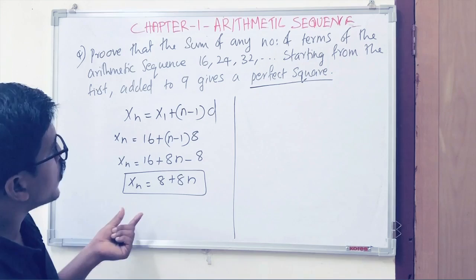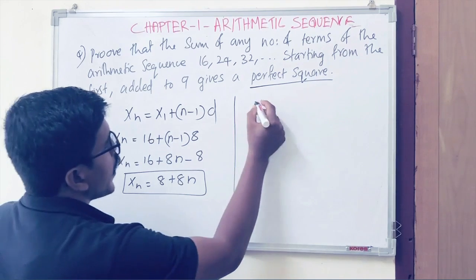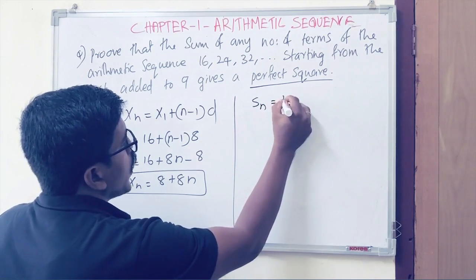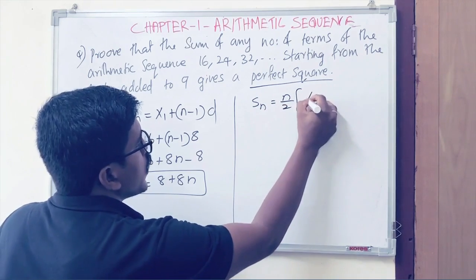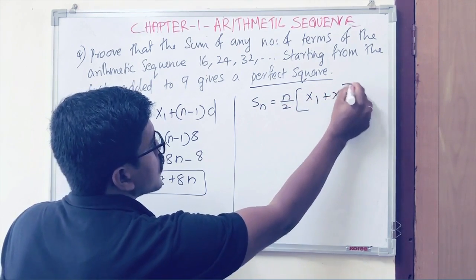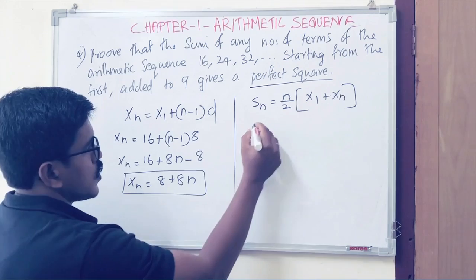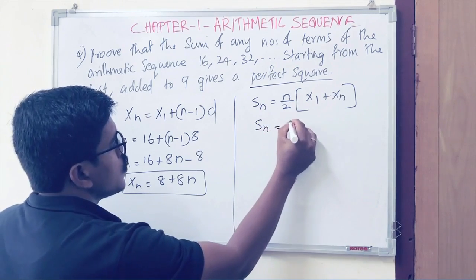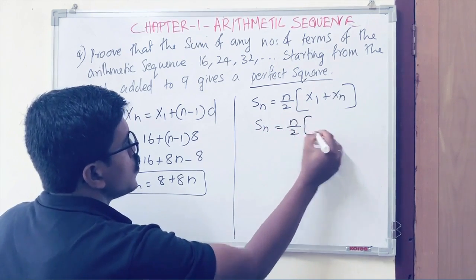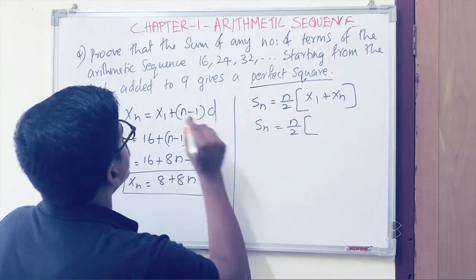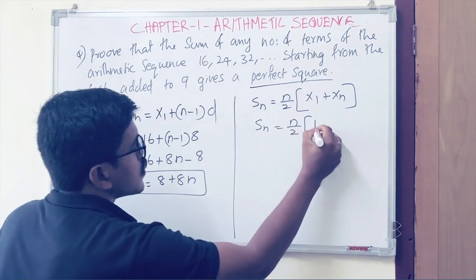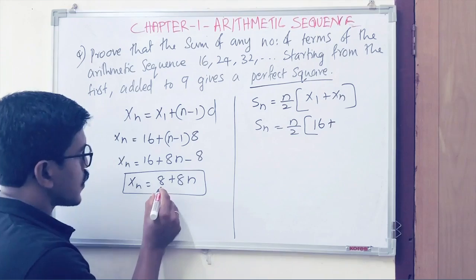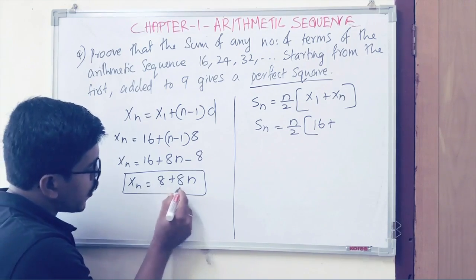Now we can find the sum. Sn is equal to n by 2 into (x1 plus xn). Here x1 is given as 16, and xn we got as 8 plus 8n.